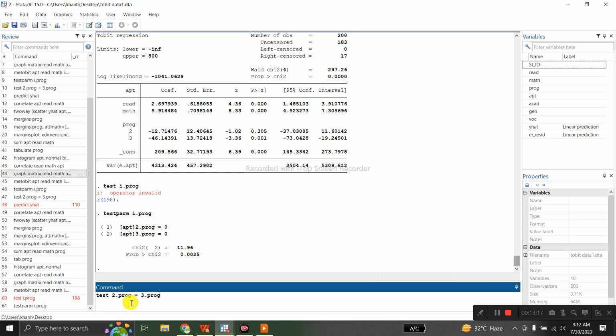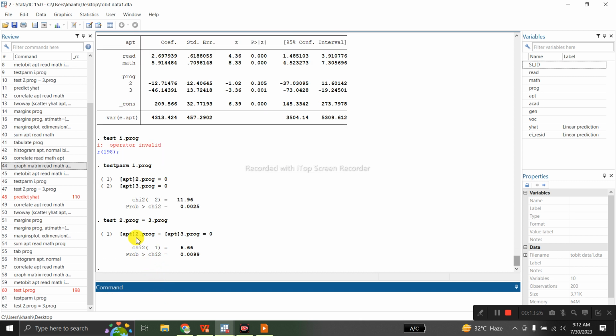So here I am testing that the coefficient of program 2 is equal to the coefficient of program 3. So this is my null hypothesis, that the difference between program 2 coefficient and program 3 coefficient is equal to 0. But the chi-square value is 6.66 and its p-value is less than 0.05. So we reject this null hypothesis that the two coefficients are equal. They are not equal.